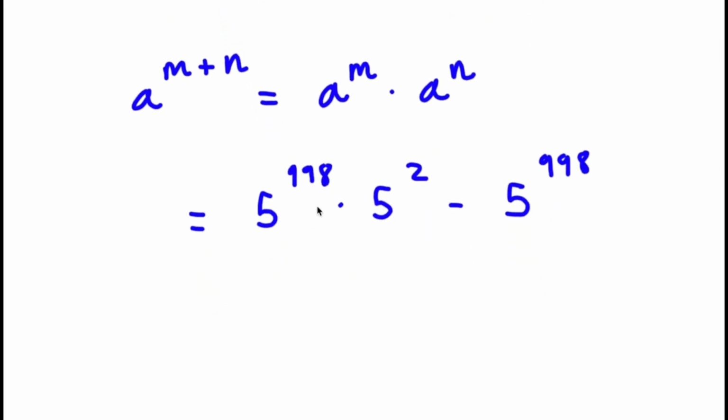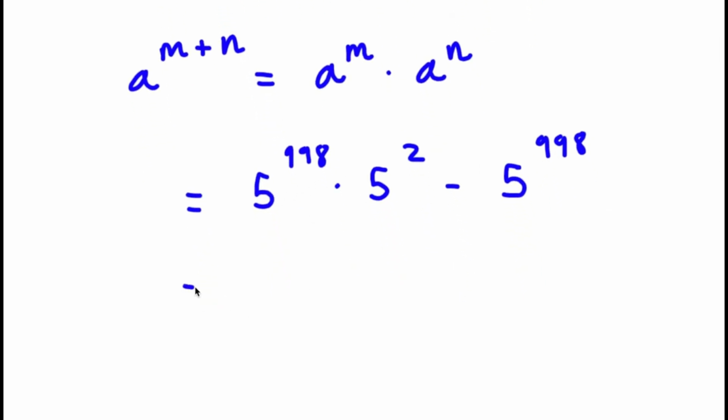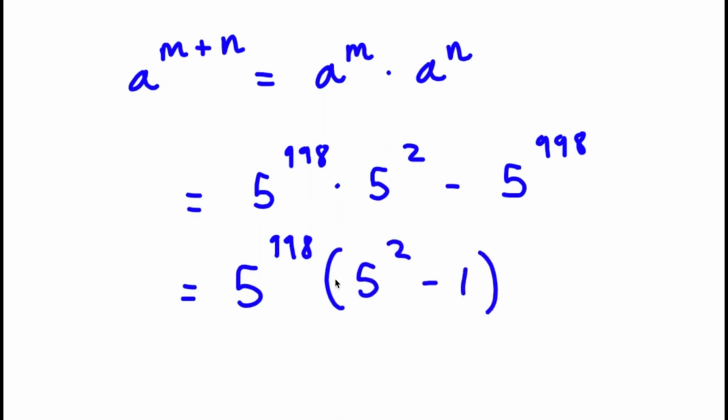So now, I'm going to factor out 5 to the power of 998. So now I have 5 to the power of 998 times 5 to the power of 2 minus 1. And 5 to the power of 2, that's simply equal to 25.